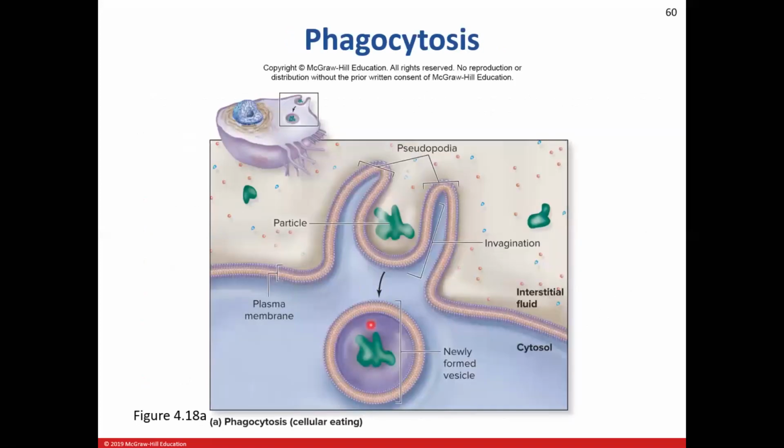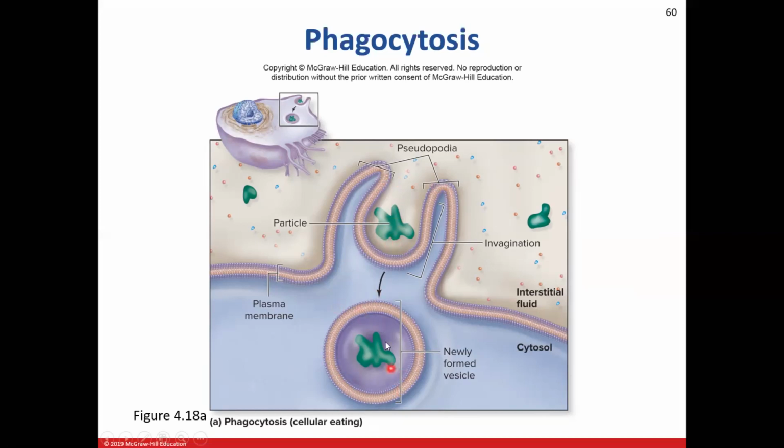So here we have our cell on the inside. Here we have the pseudopodia. Again, I said these are basically extensions of the cell, and they kind of wrap around. And so these are the false feet as they extend around some sort of particle or invader or a microbe. As it then pulls it in, you now see that we have this newly formed vesicle.